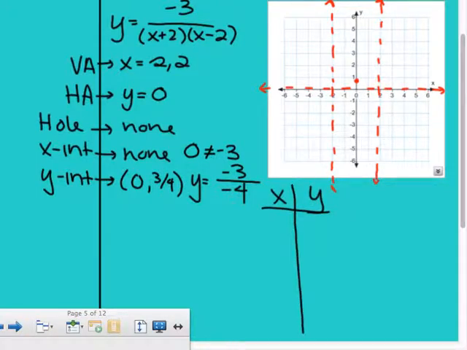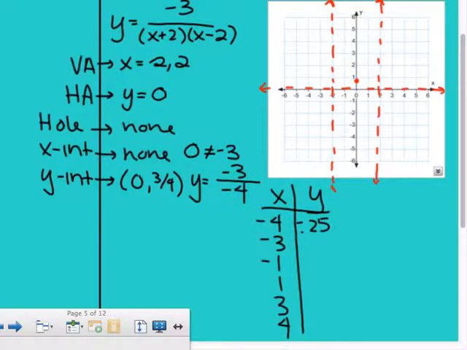So I'm going to make a t-chart, and I'm going to use the numbers negative 4, negative 3, negative 1, 1, 3, and 4. You can pick whatever you want. I just picked those because they're to the left of the asymptote, in the middle, and then to the right. So pause the video and find those outputs. Take the x values, plug them into the beginning, and find the outputs.